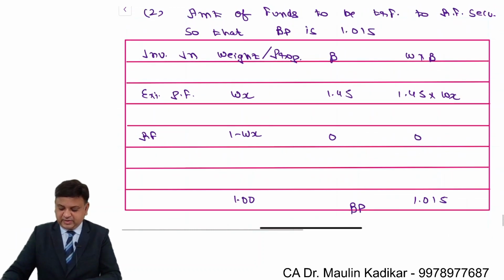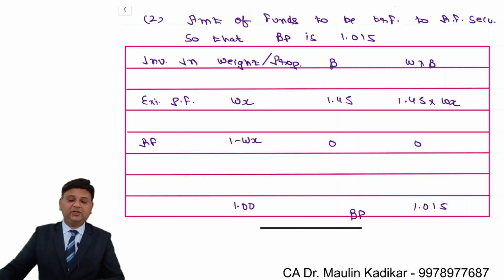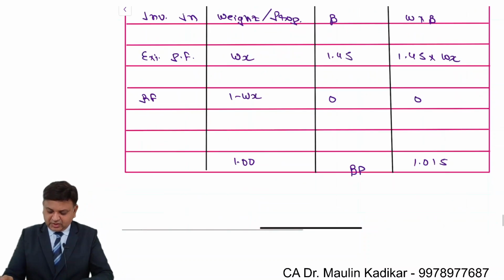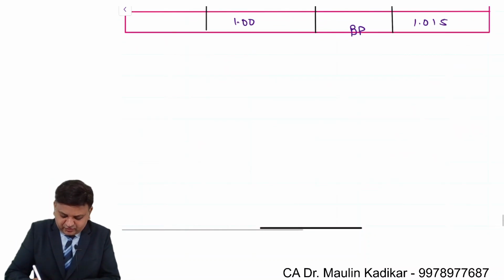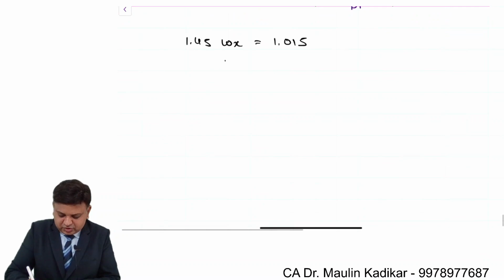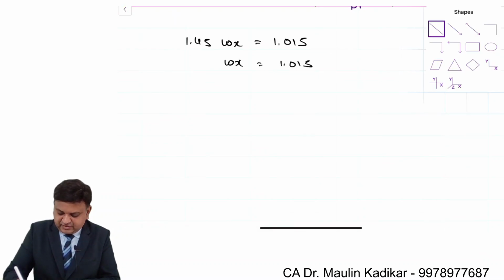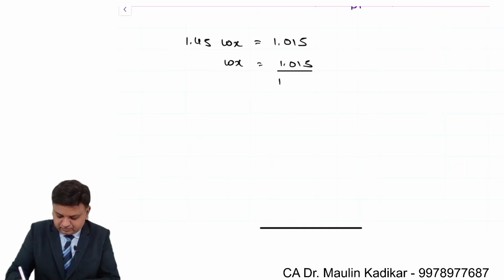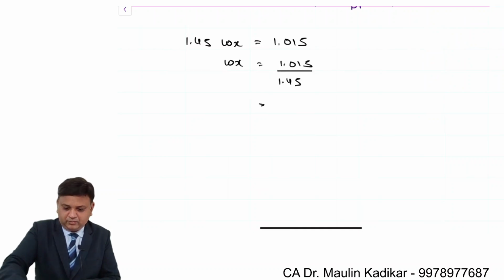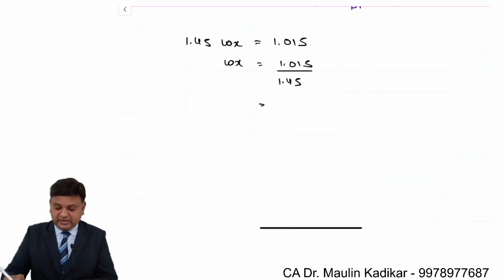That is the way we compute the weight of x as a balancing figure. So 1.45 Wx is equal to 1.015. So Wx is equal to 1.015 divided by 1.45, so it is 0.70.